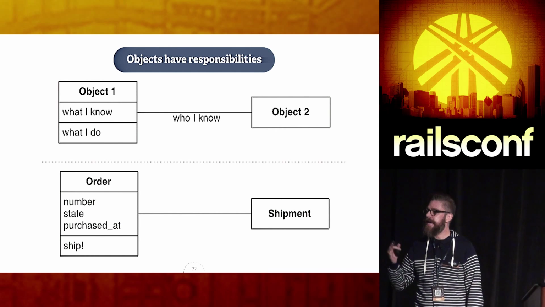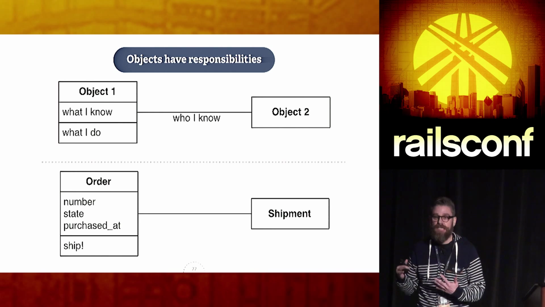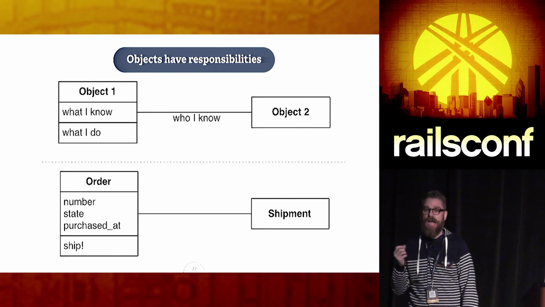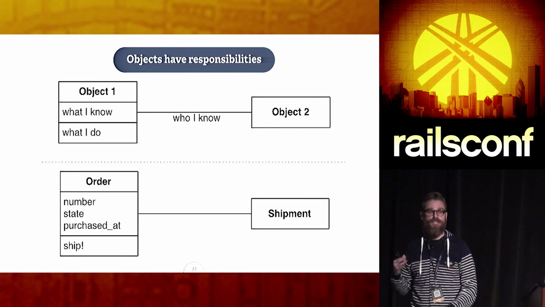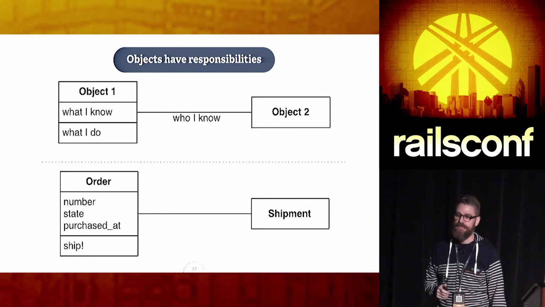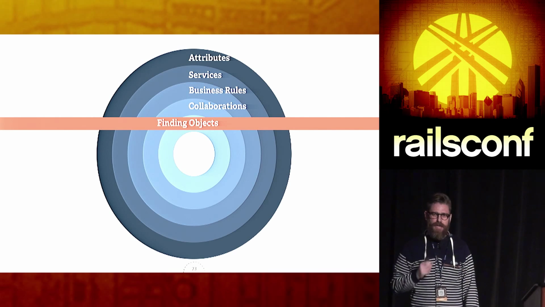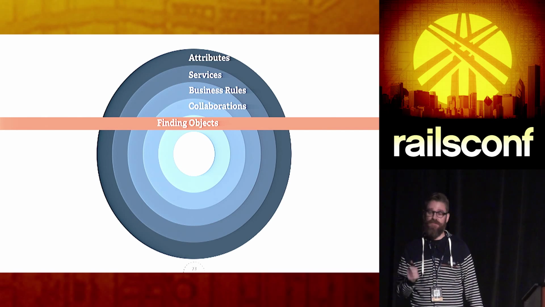An example of that, coming back to an order: it would know a number. It would know its state of its payment. It would know a timestamp for when it was purchased at. Of course, it knows other collaborators, so it knows a shipment, and it knows how to ship itself, its business service. So now that we have this building block, let's look at finding objects, our first skill.